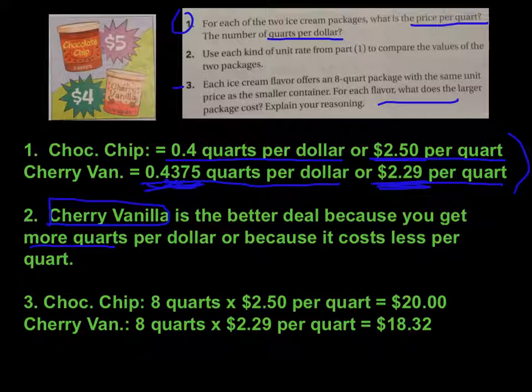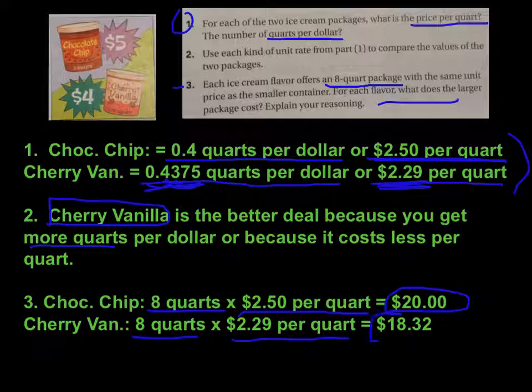So we multiply the per quart price times 8-quart package to get 8 quarts times $2.50 means it's a $20 package of ice cream in the chocolate chip, or 8 quarts times $2.29 per quart has the cherry vanilla, obviously the better deal, coming out at $18.32.